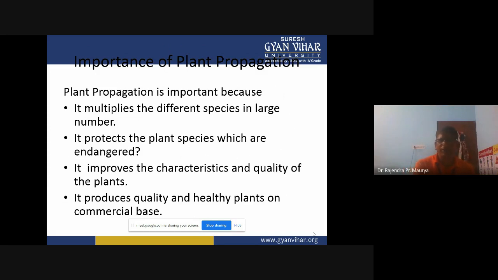For example, if we collect 10 branches, 10 stems from a mother plant, and from each stem we prepare three cuttings, then 10 into 3, we can get 30 plants. From a single plant we can produce 30 plants at a time.